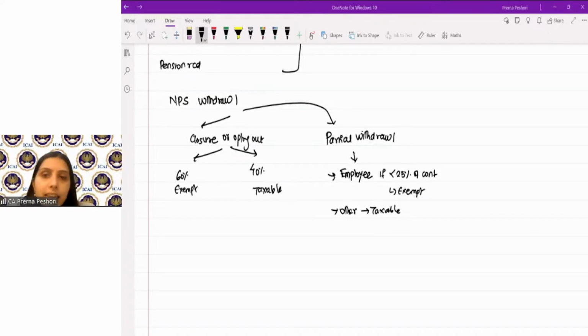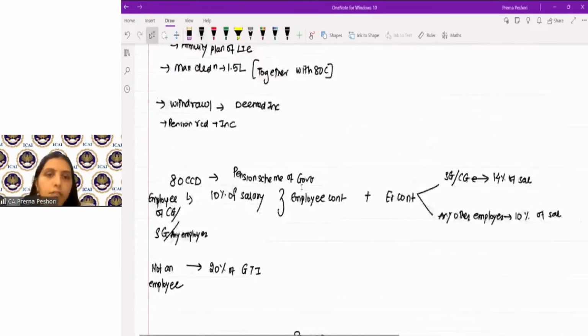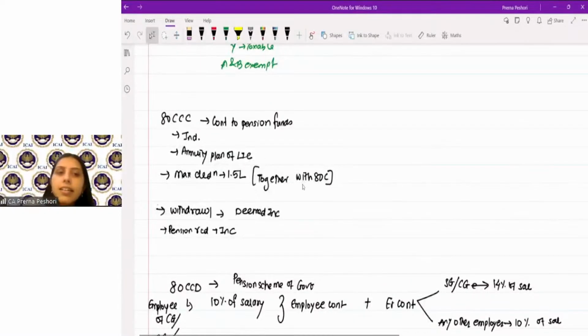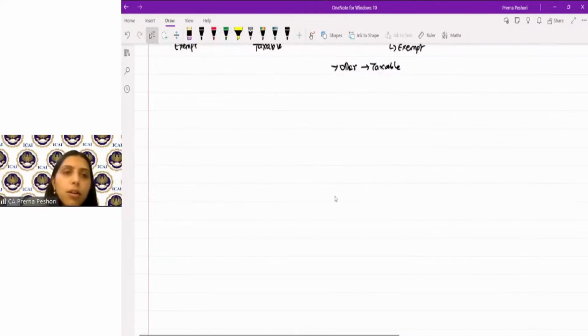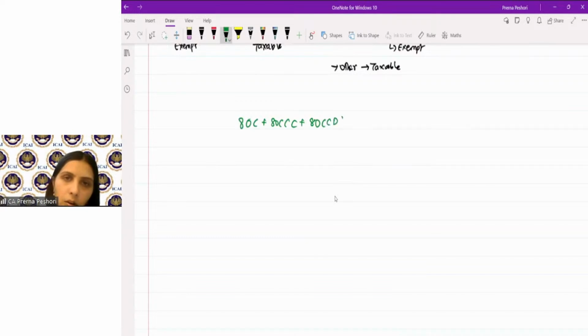Now, under 80CCE, as I said, you have the limit on 80C, 80CCC. So the 80CCE overall limit will cover 80C plus 80CCC plus 80CCD(1). This is all subject to the 1.5 lakh limit. So 1,50,000 will not cover NPS and the employer contribution to the pension scheme. Clear? Are we clear? Okay.